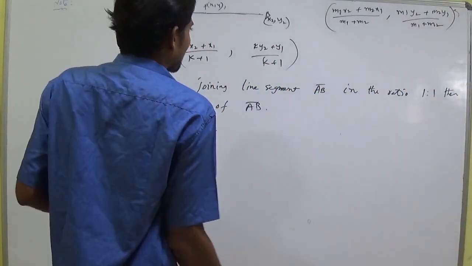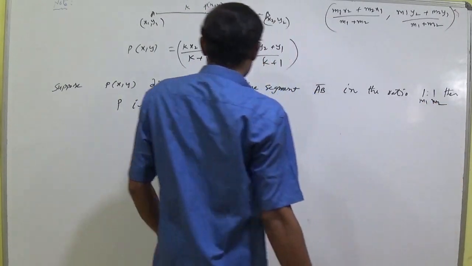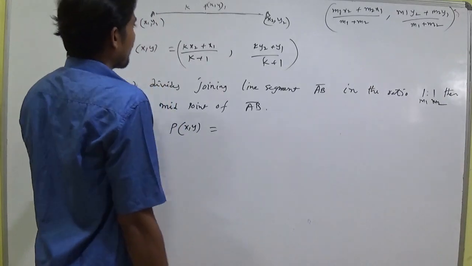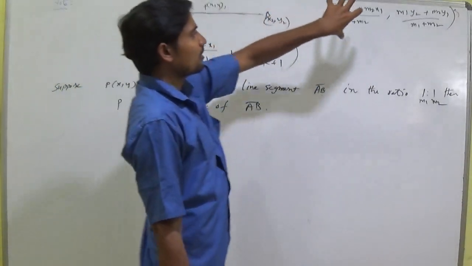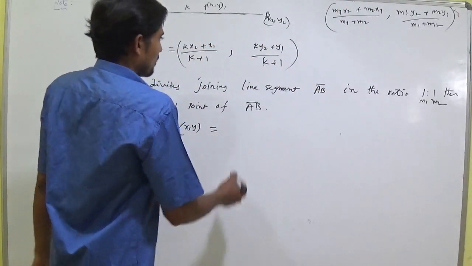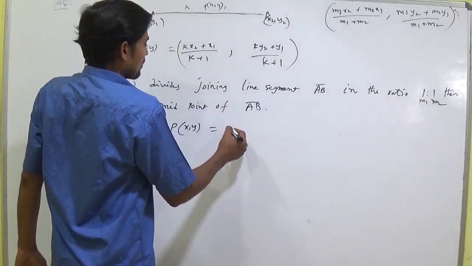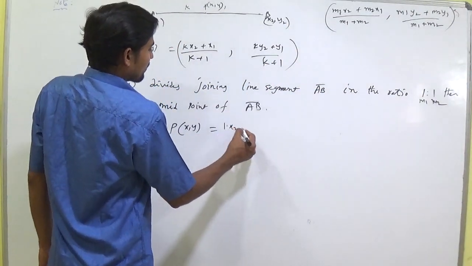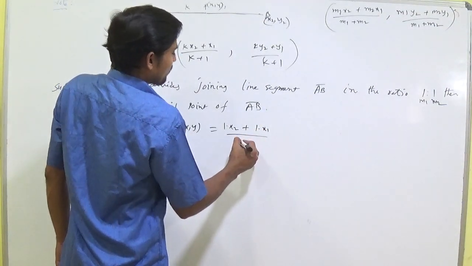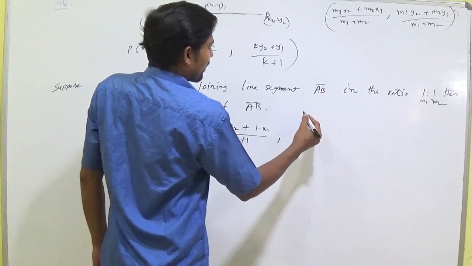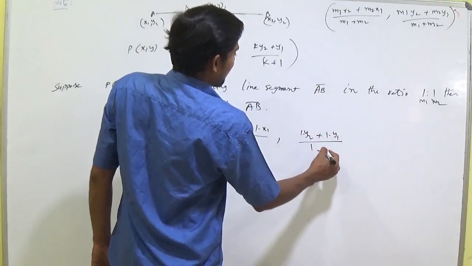Here this is m1, this is m2. The coordinates A x1 y1 and B x2 y2. Substitute here m1 is 1 and m2 is also 1. So 1 into x2 plus 1 into x1 by 1 plus 1, and 1 into y2 plus 1 into y1 by 1 plus 1.